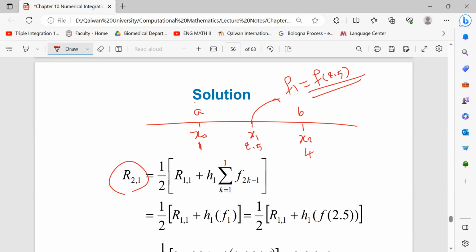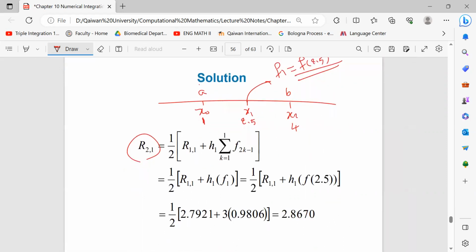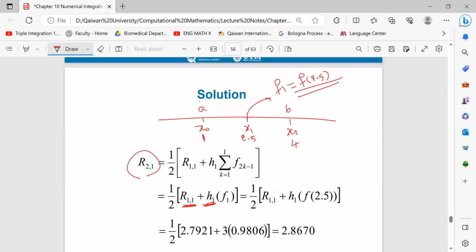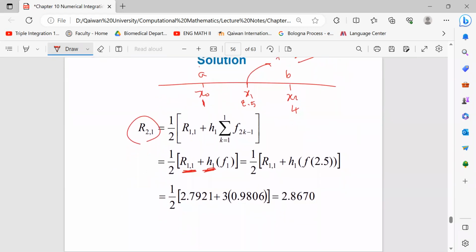Now it's a half R11, which we already found, plus H1, the previous H, which is 3, times F1. F1 is F of 2.5. Just evaluate and you get the result, 2.867. This is R21.